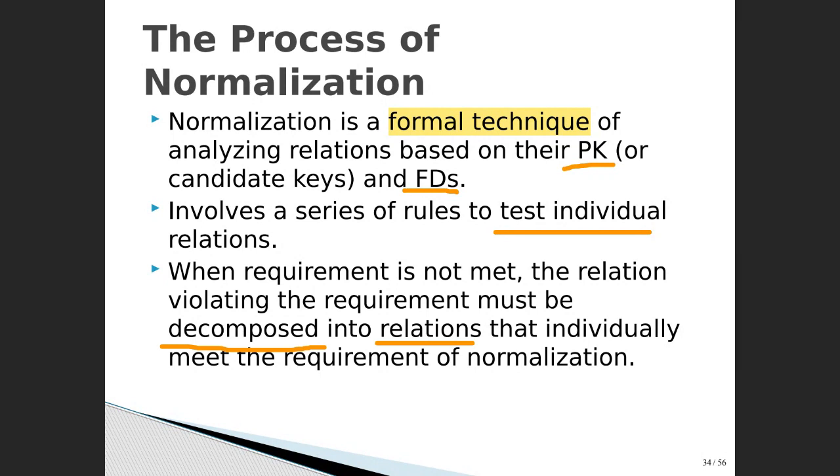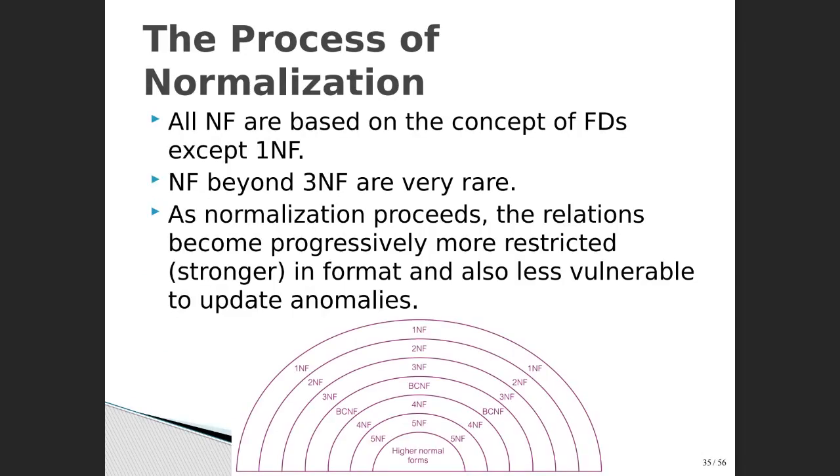Decomposed means we can divide larger relations into smaller relations. All right, this is the decomposition. Decompose means we can separate some attributes with close relationship into smaller relations, based on their functional dependencies.